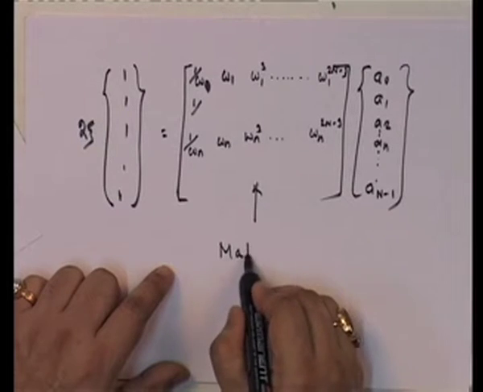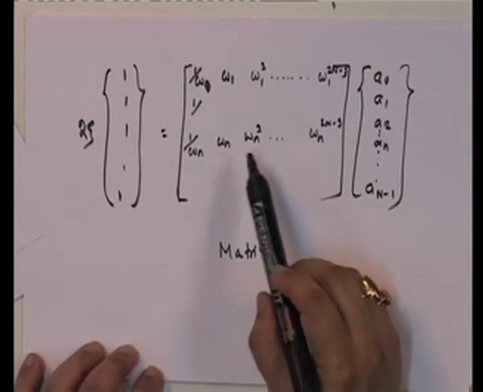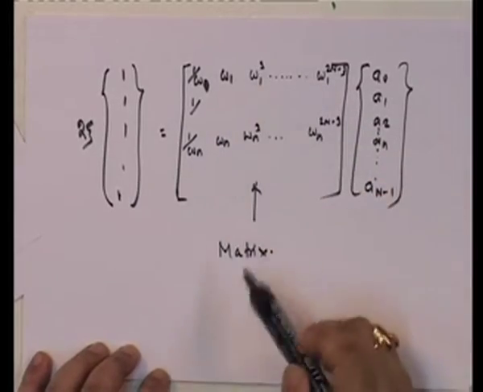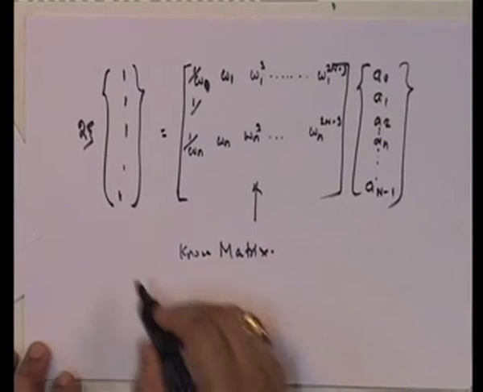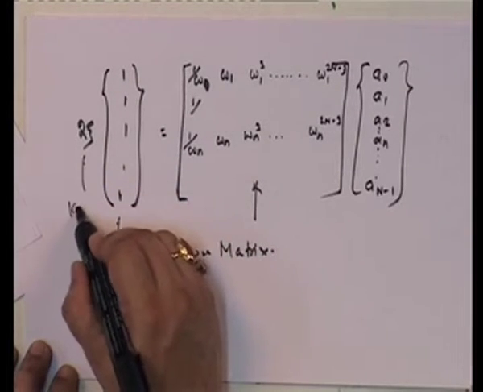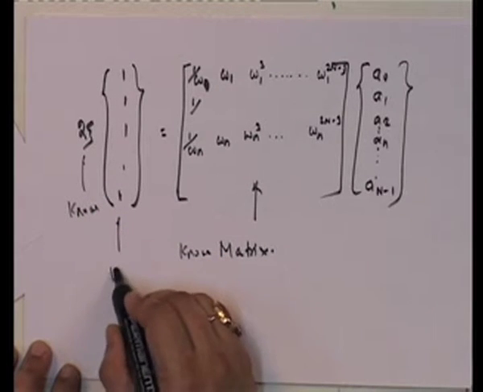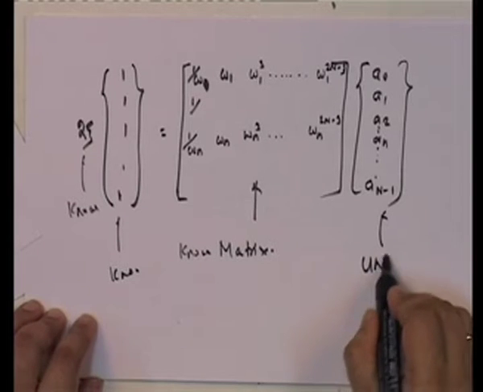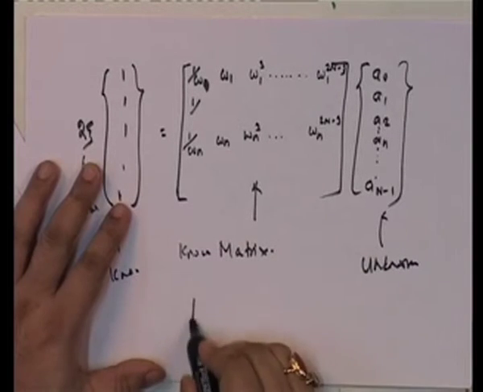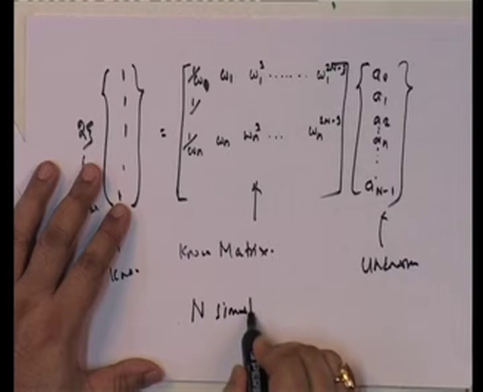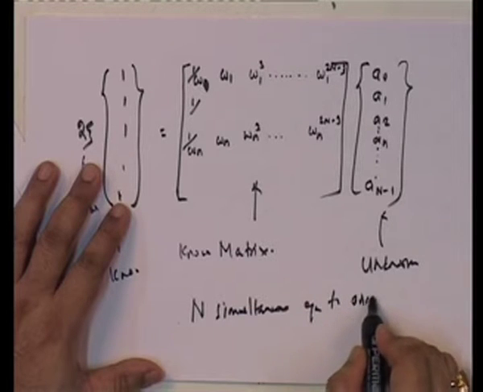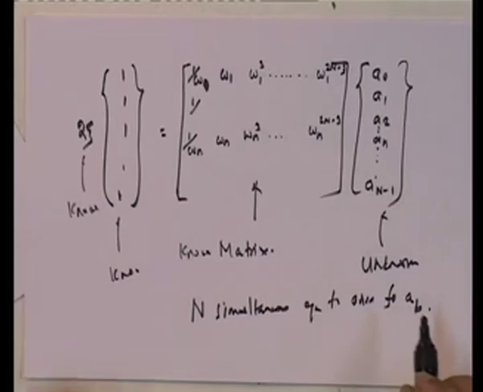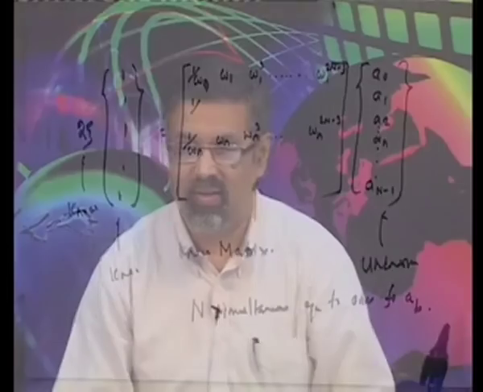Now, note that this matrix I know, because I know all omegas, omega 1 up to omega n. So, this is a known matrix, known, given. This is known. This is unknown. So, what is this? This is actually n simultaneous equations to solve for AB.